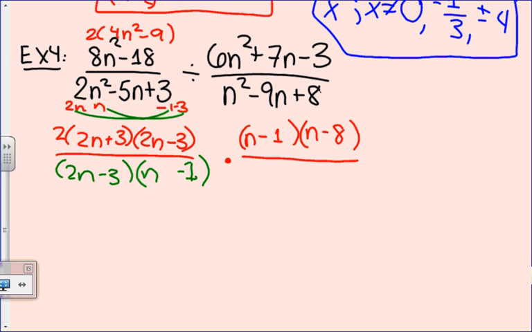Numerator: 3 times 10. No GCF, no squares and buns. Regular old factoring. Be careful on this one too. Factoring of 6n squared.